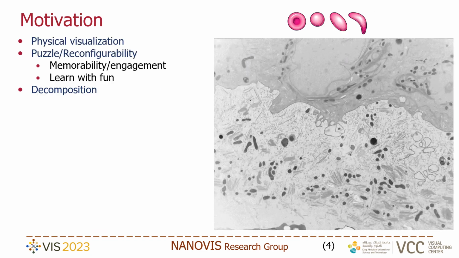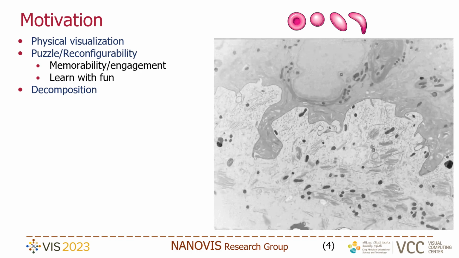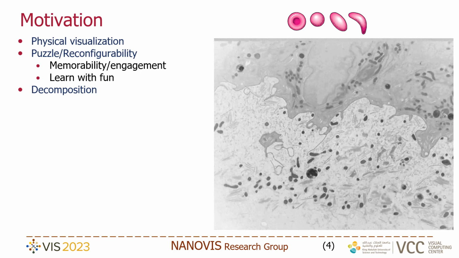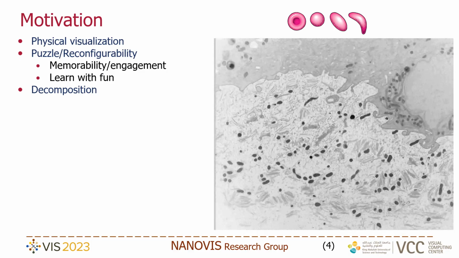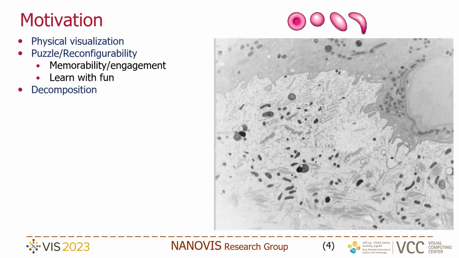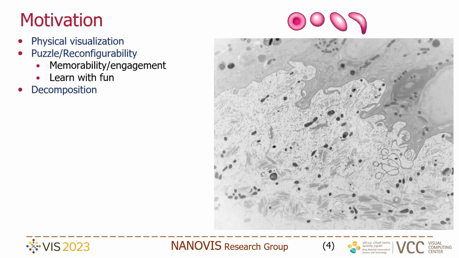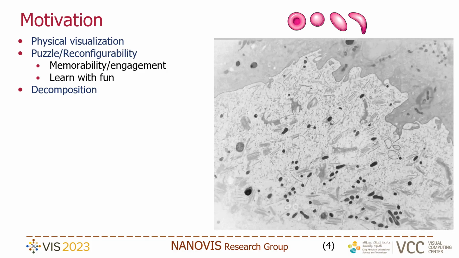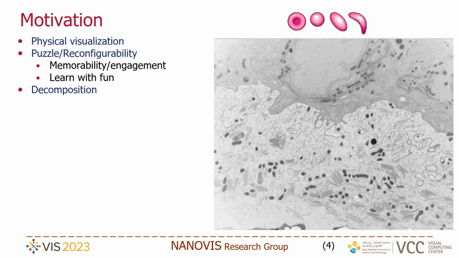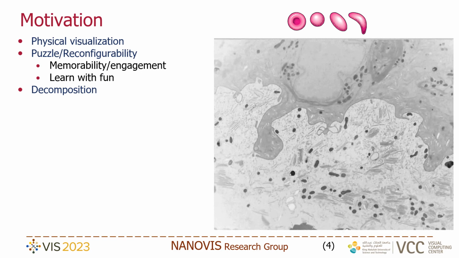In our context, we are interested in physical visualization of a family of these structures having a potato-like shape with a closed membrane around it. Instead of a full membrane, we are interested in its decomposition and modeling with reconfigurability in a puzzle-like fashion.